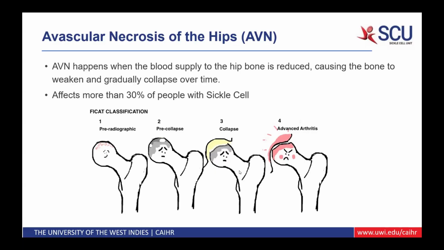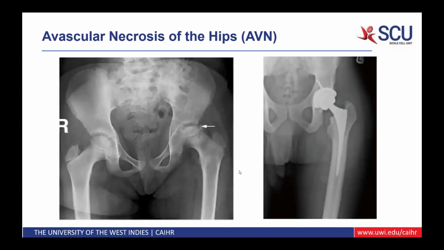That's definitely going to affect how well it can move within that joint space. That's what we call collapse. And over time, that can lead to arthritis and lots of damage to the joint.